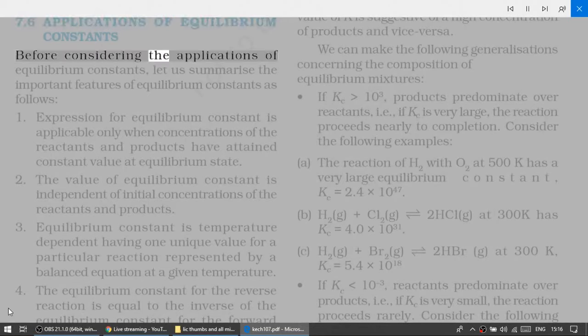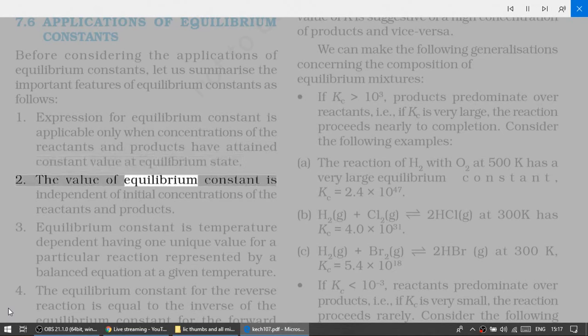Before considering the applications of equilibrium constants, let us summarize the important features of equilibrium constants as follows. 1. The expression for the equilibrium constant is applicable only when concentrations of the reactants and products have attained constant values at the equilibrium state. 2.